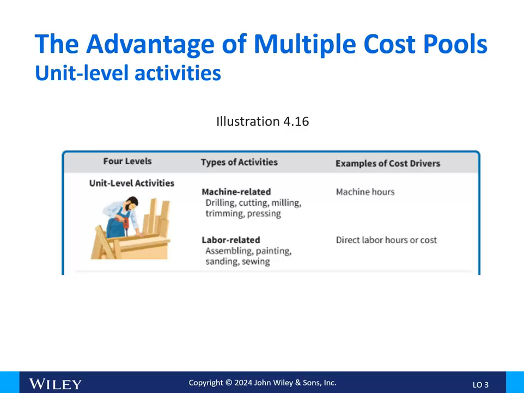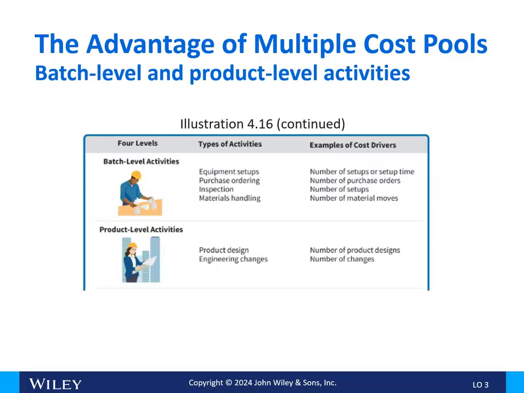So again, the unit level activities could be machine related or labor related. So we could use machine hours or direct labor hours or cost. For batch level activities, we're looking at equipment setups, purchase ordering, inspection, materials handling.